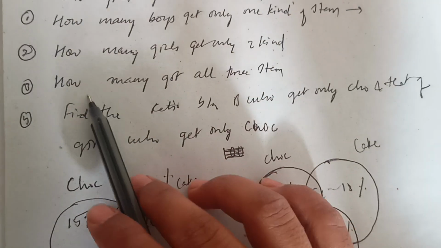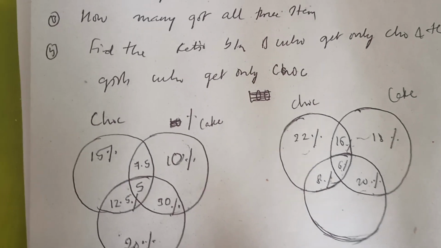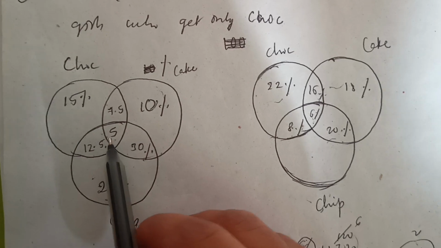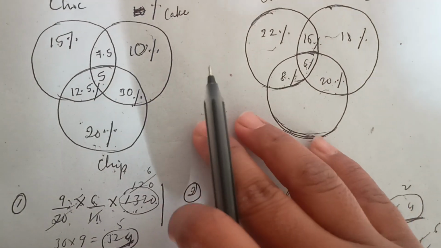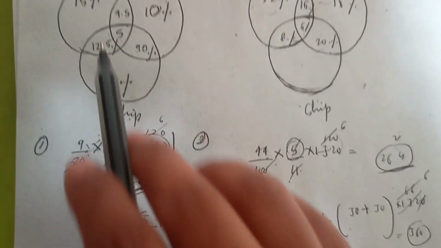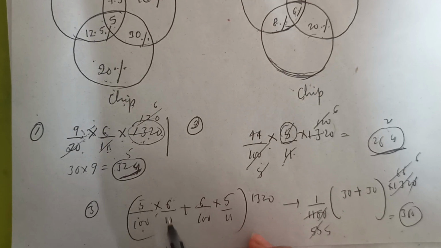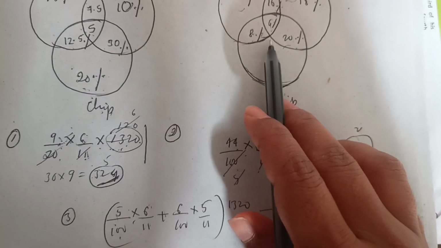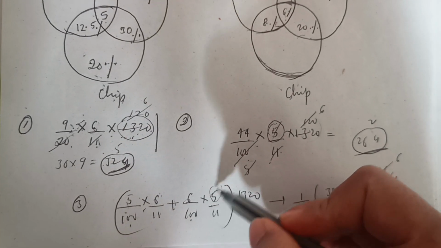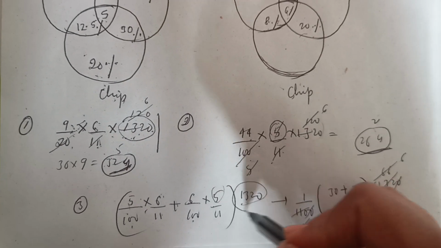Third question: how many got all three of them? We have to calculate the boys who got all three items, and also the girls who got all three items. For this, here it will be 5 by 100 into 6 by 11, since I am taking the boys here, plus for the girls 6 by 100 into 5 by 11, and this should be multiplied with the total number of students in the class.